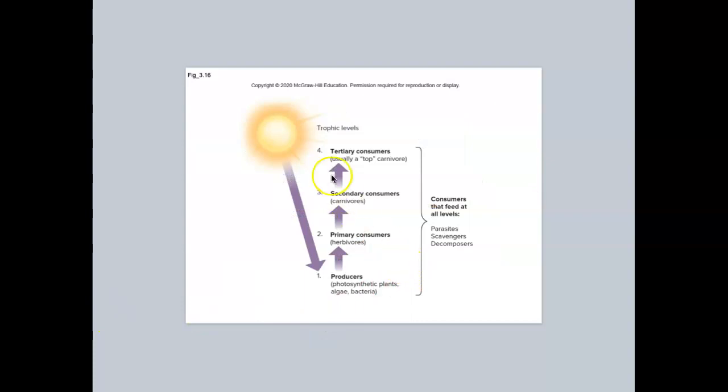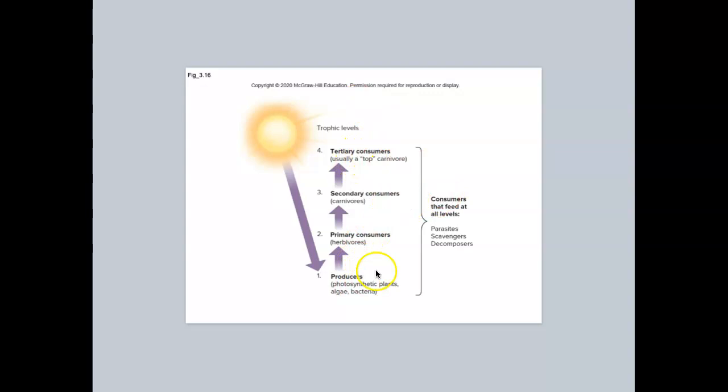Now, as energy is passed to the primary consumers, to the heterotrophs, they use photosynthesis to convert that into organic molecules. Those organic molecules are fed upon by the primary consumers, the herbivores, and then the secondary consumers, and maybe another level, or it could even be more levels beyond that.